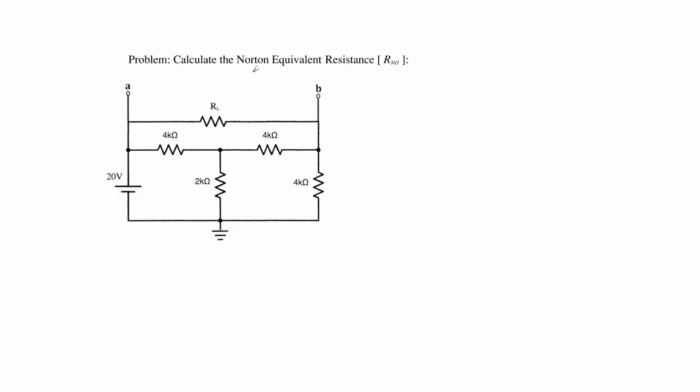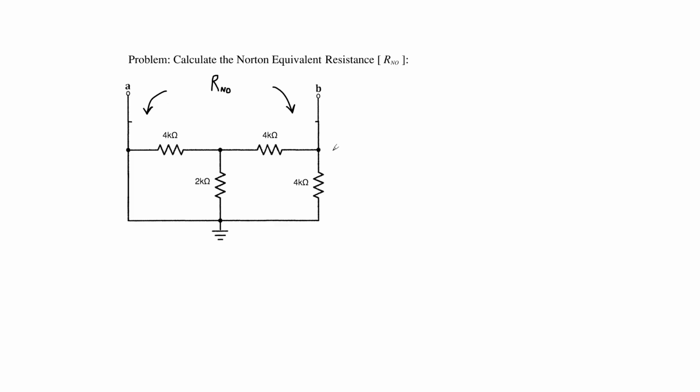For this problem, we were asked to calculate the Norton equivalent resistance. We can start by omitting the resistive load element, and then we will need to transform our voltage source. We can remove the voltage potential of this device by replacing it with a wire. Now, the resulting circuit can be represented as the Norton equivalent resistive circuit, R_N.